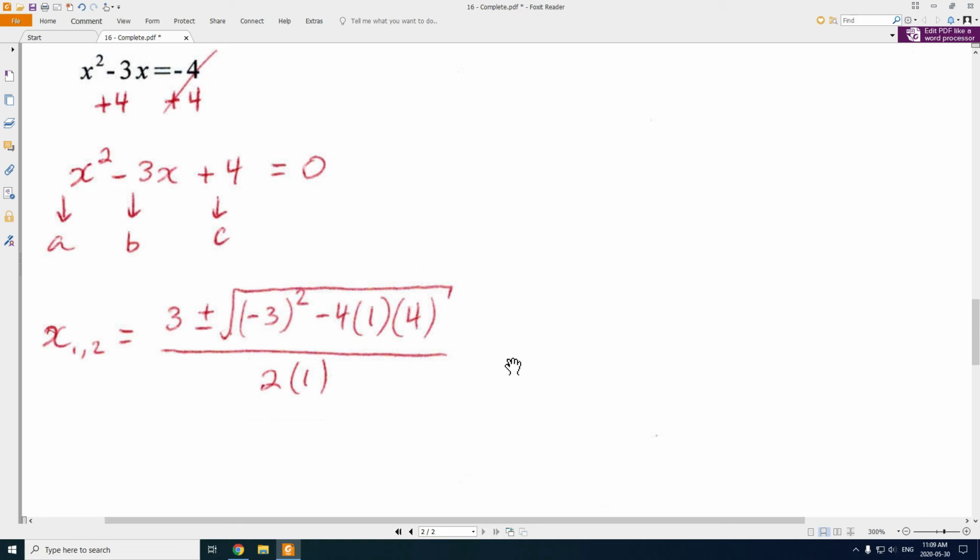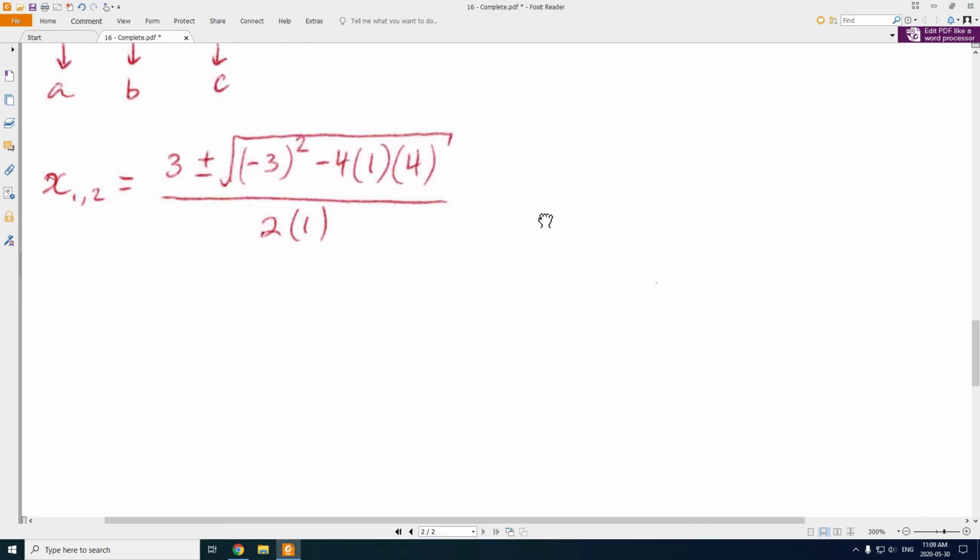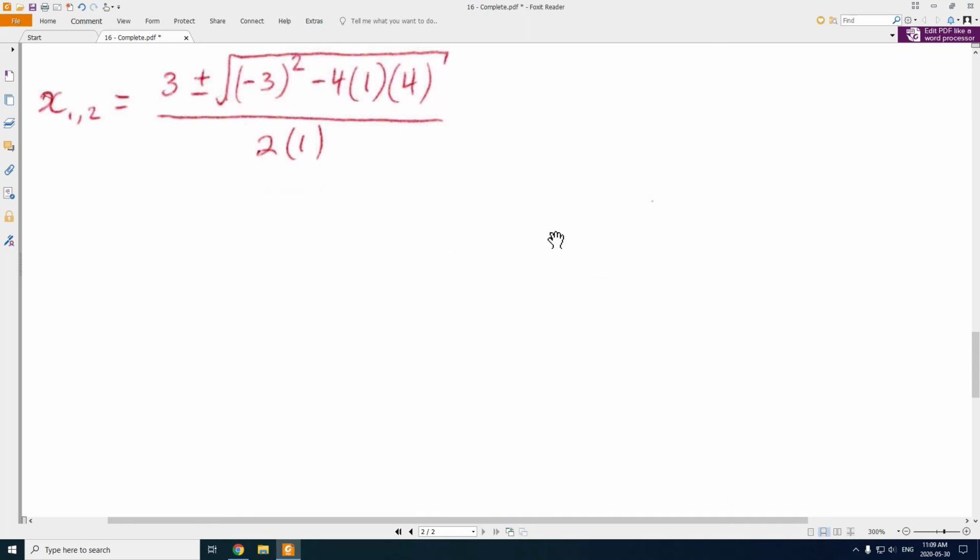So if you're not sure, you can pause and just make sure that you've plugged everything in the same way as me here. And at this point, we just need to simplify. All right, so when I'm simplifying, I always start inside of the square root. So in this case, 3 plus or minus negative 3 squared gives me positive 9.